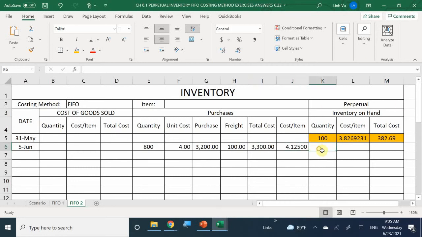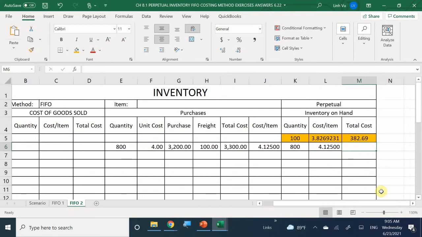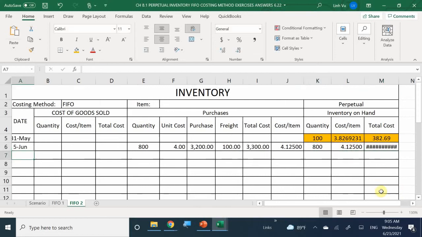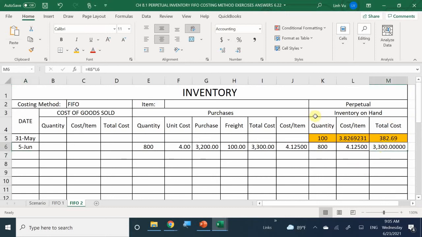Because we have a new batch of inventory, I'm going to go ahead and transfer this information over. We know for sure that this is going to give me $3,300.